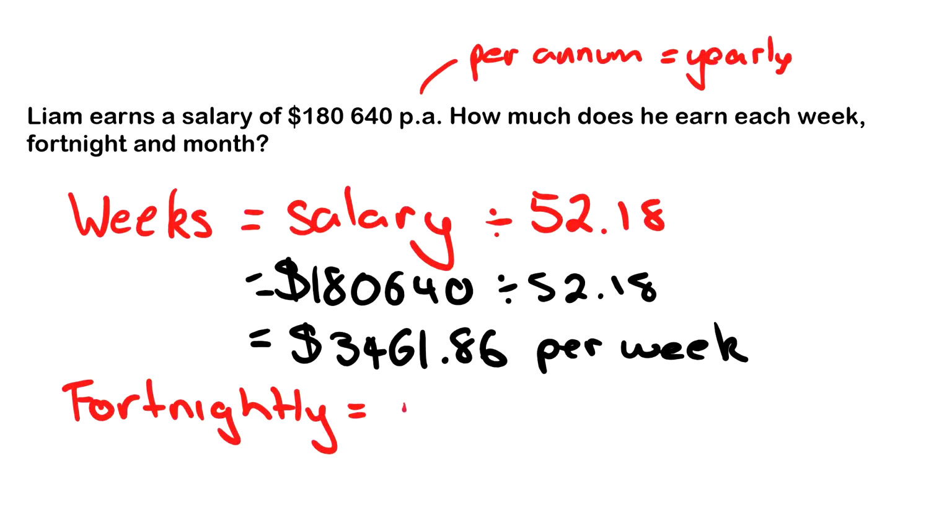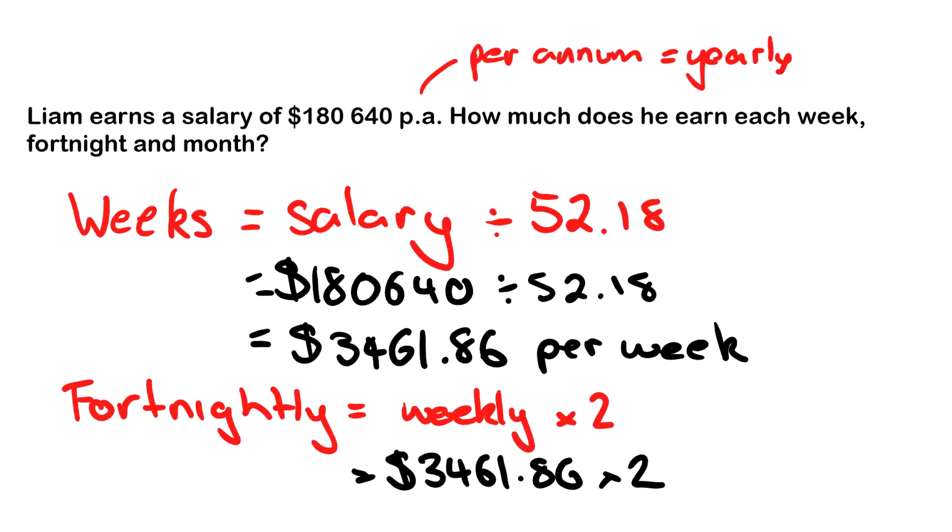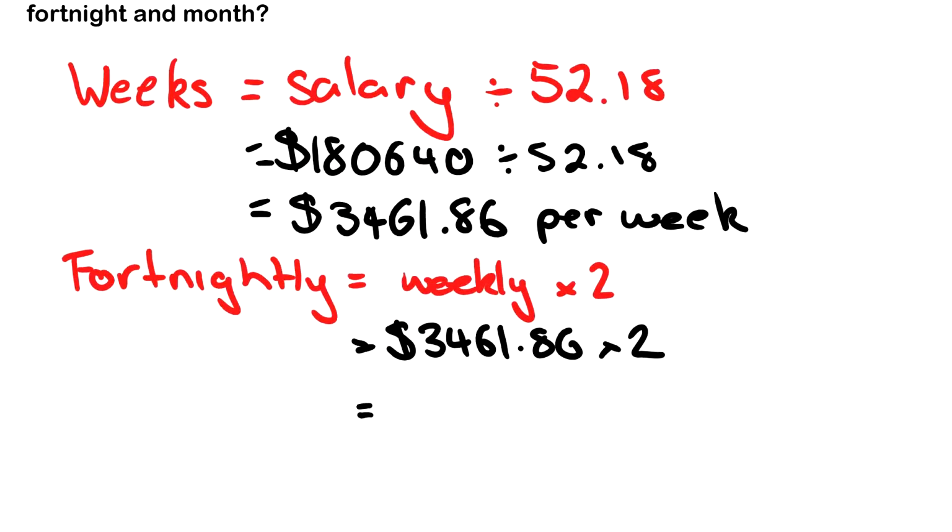Now if we want to go to fortnightly, we just go that weekly pay times 2. So we'll get our 3,461.86 times 2. And we get 6,923.73 if we round up. Now you might think, round up, that doesn't make sense. Remember, I'm following through.